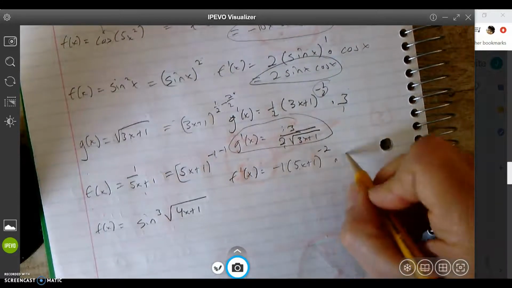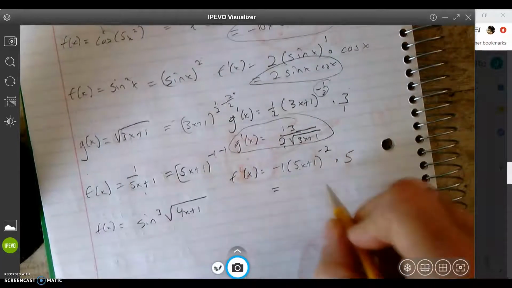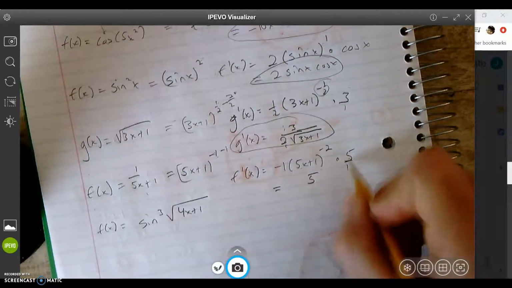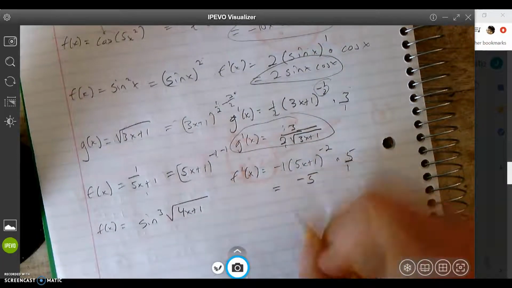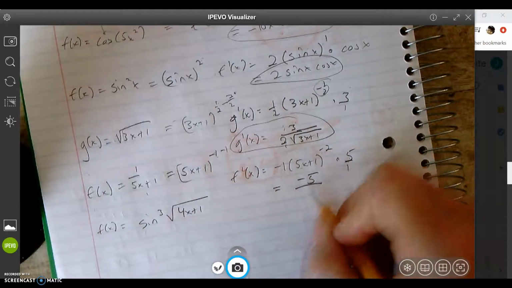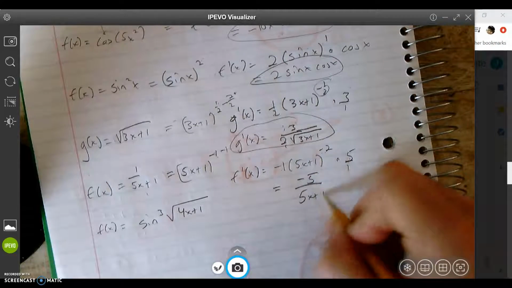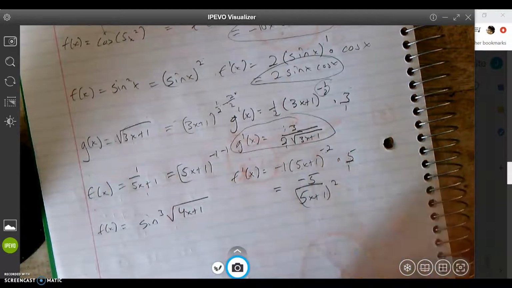Times derivative of the inside, which is 5. Cool. So the derivative is 5 over 1, this is the numerator, times negative 1, which is negative 5, over, when you have negative 2, that means that the term goes to the denominator, so it's negative 5 over 5x plus 1 squared.